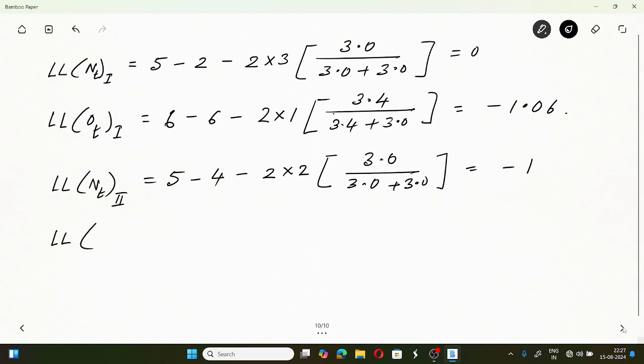And the Lewis-Langmuir formal charge over the terminal oxygen in the second structure. The number of valence electrons will be 6.